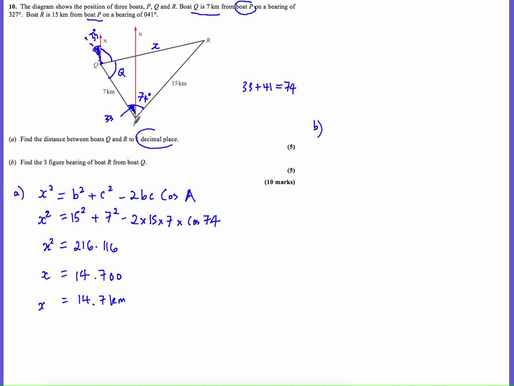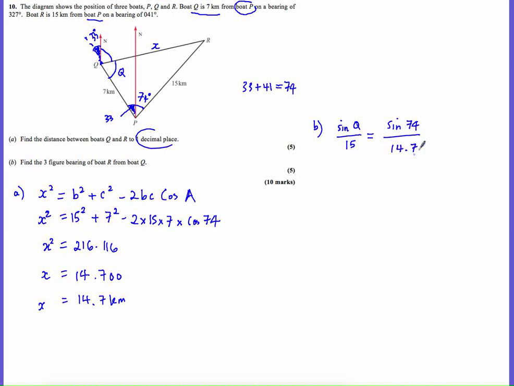Okay, so lots of different ways you can do this. Because I'm finding an angle, I'm going to put my angle on top. So sine Q is opposite 15, and then I know that sine 74 is opposite the side I just found. So that 14.7.